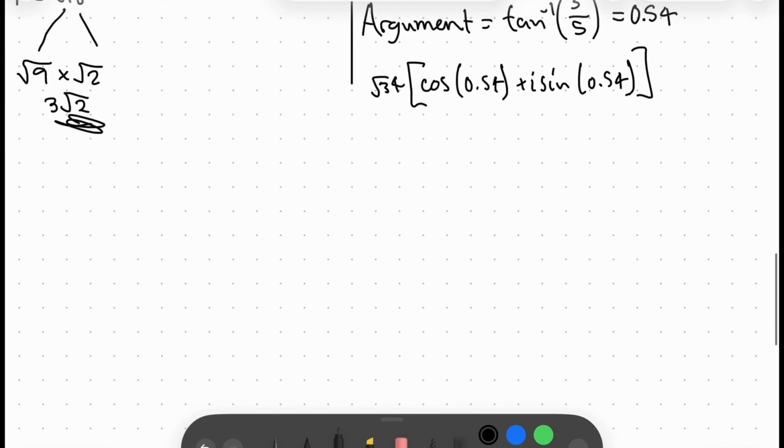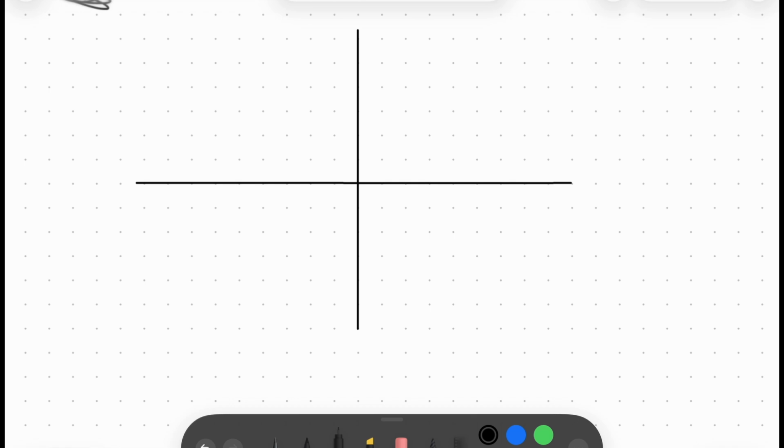Let's do another one. What if this number sits in here? What if it's here? So negative 4 minus 3i. Let's denote that as z. So we'll say z equals that. Let's find the modulus of z. That's just going to be the same. That'll be the square root of the absolute value of 4, so we can just put in negative 4, because the square of a negative number is the same as the square of the positive version.